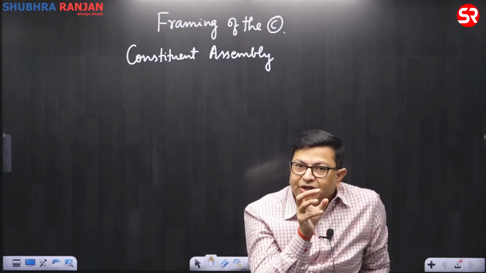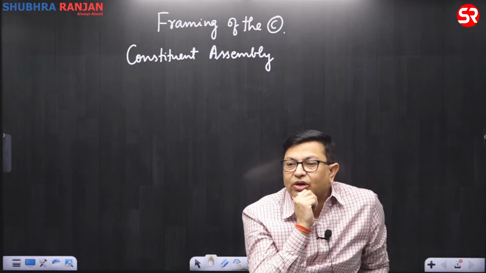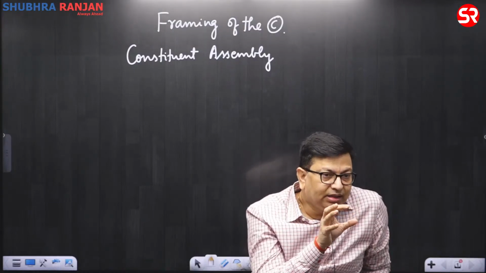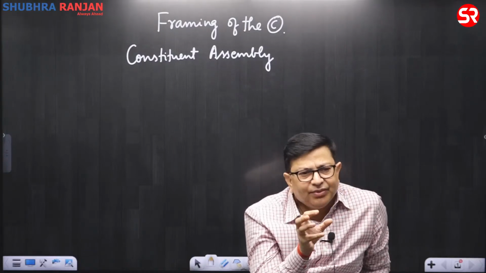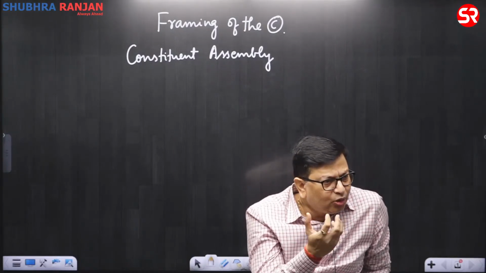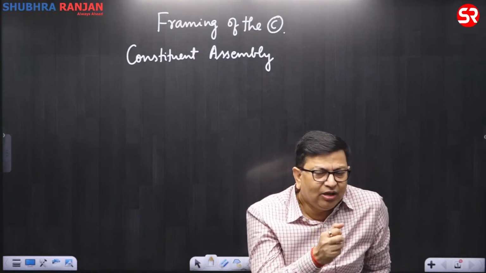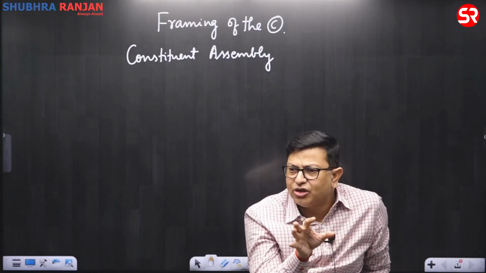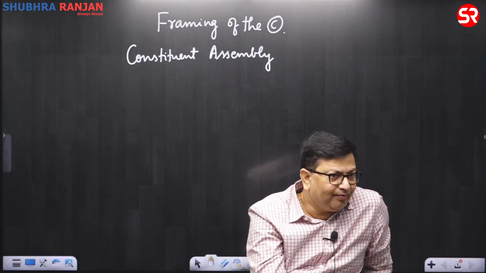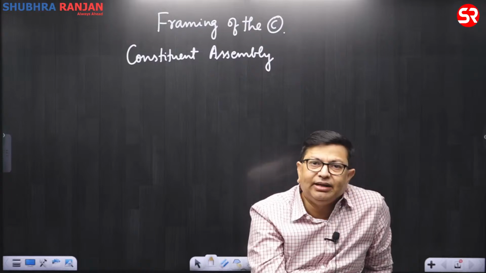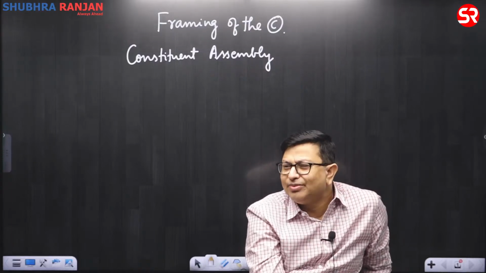Now during the elections, what we saw was that the Congress, no doubt it was the dominant party, but it tried to include all the sections of the society in the Constituent Assembly. For example, Dr. B.R. Ambedkar. Dr. B.R. Ambedkar was not a Congressman.